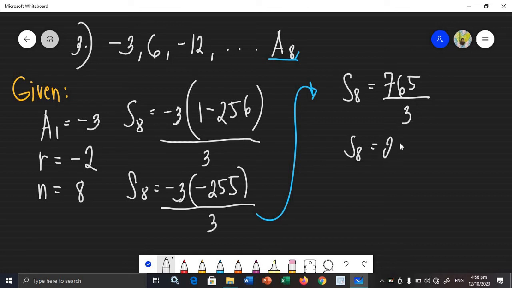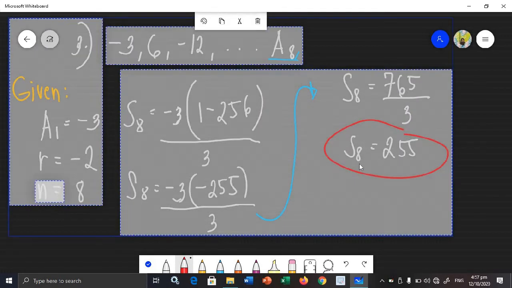The answer will be 255. Therefore, the sum of the first 8 terms of this finite geometric sequence is 255. Nakita nyo, no? Hindi naman natin alam yung mga susunod na term, pero we can compute the sum up until the eighth term of the given geometric sequence.